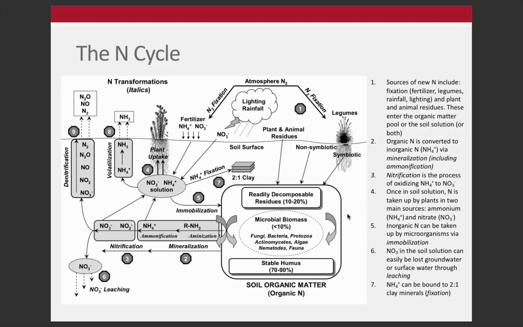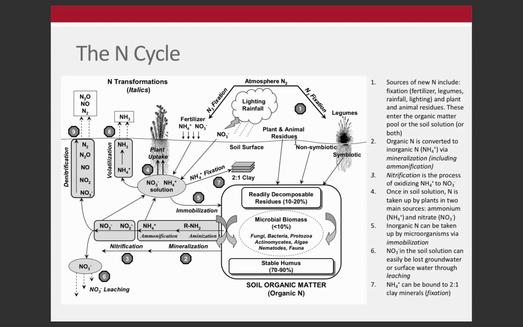So again, lightning and rainfall can fix nitrogen that gets deposited either through wet deposition or dry deposition from the atmosphere. Nitrogen can get fixed through fertilizer, or it can get fixed through legumes and/or a non-symbiotic relationship. Okay, so these are all different possible pathways for nitrogen to enter that soil system.